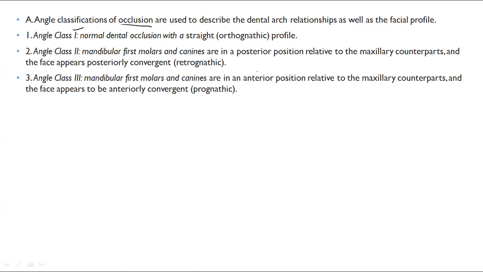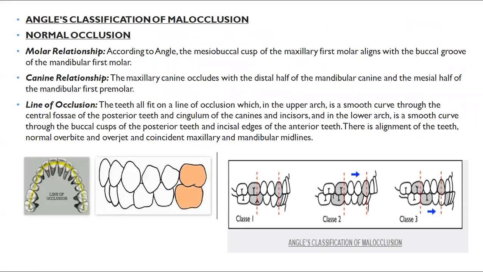Here, the mandibular first molars and the canines are in a posterior position relative to the maxillary counterparts, and the face appears posteriorly convergent, that is, a retrognathic jaw, whereas in class 3, you see a prognathic jaw. Okay, so here you can see this is class 1, class 2, and class 3.